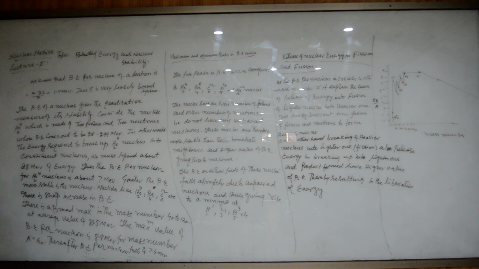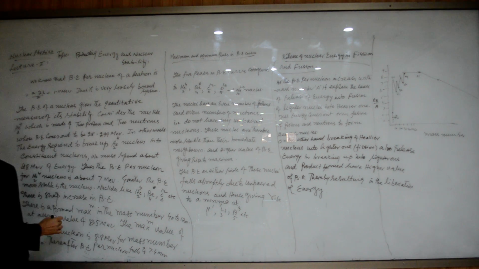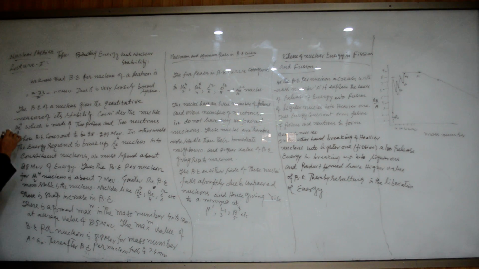Now consider the nuclide He24. He24 is basically the helium nucleus, the alpha particle, which is made of 2 protons and 2 neutrons. In the helium nucleus, proton number Z is 2 and neutron number is A minus Z, that is 4 minus 2, which is equal to 2.